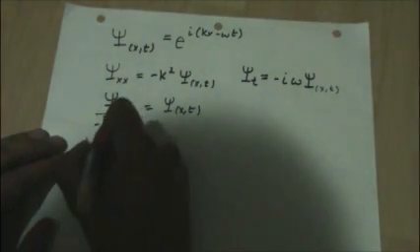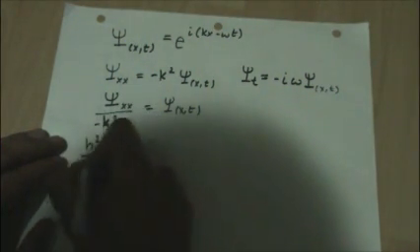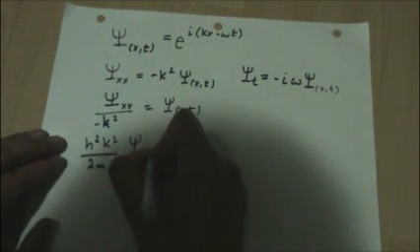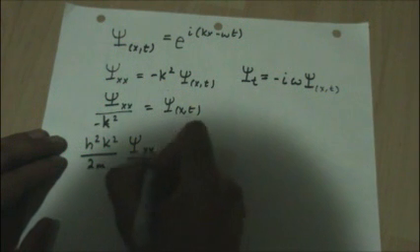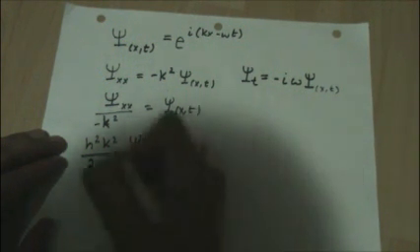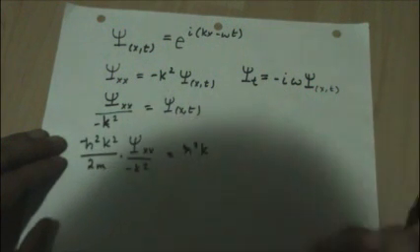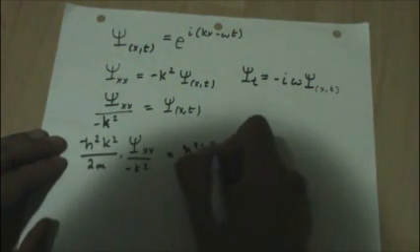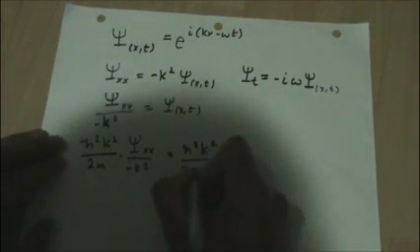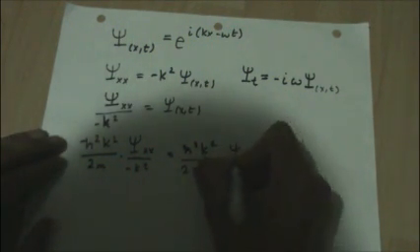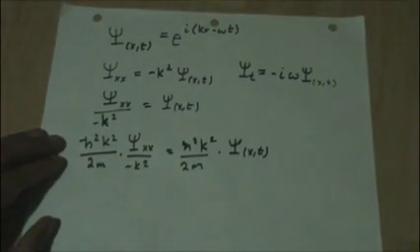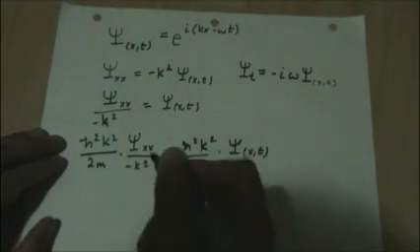So h bar squared k squared over 2m times psi of x over negative k squared is equal to h bar squared k squared over 2m multiplied by psi of x comma t.